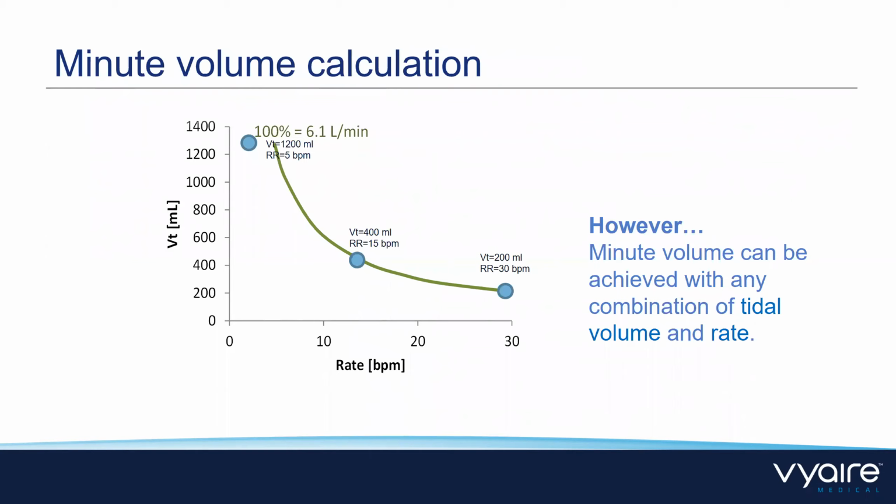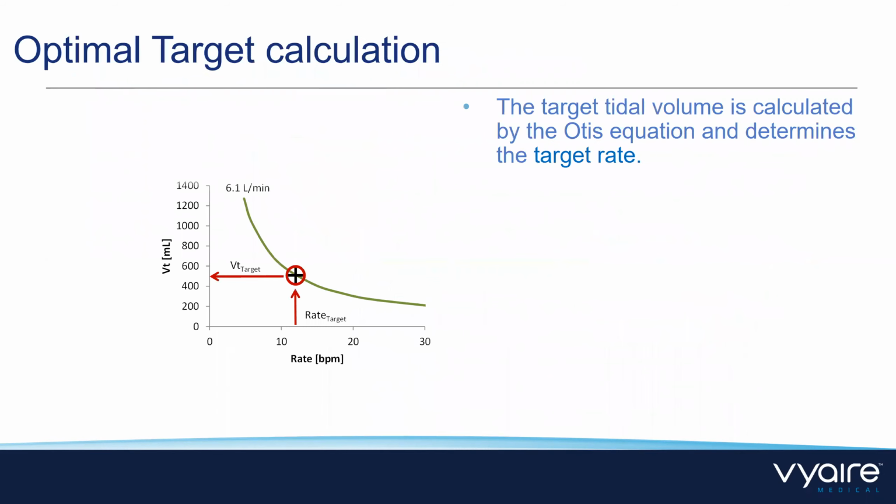And this is where the target comes in place. Now we're talking about the Otis equation. Otis is a biologist who wrote some publications in the early 50s of the last century. It was mainly about how mammals breathe. He was not designing ventilators. He was not designing ventilation modes.